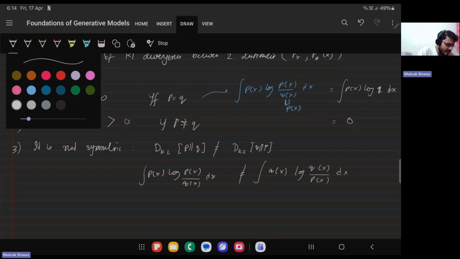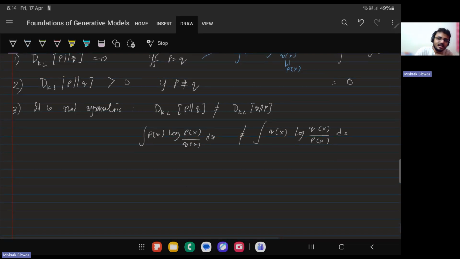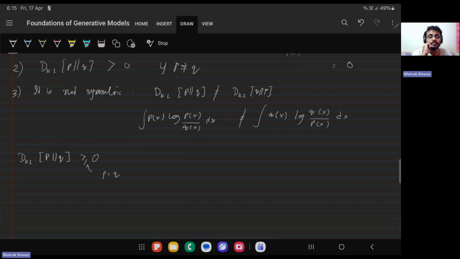The most interesting property is showing that the KL divergence is always non-negative. That is dKL P and Q is greater than or equal to 0, where equality only holds for P equal to Q. So let's look at this once. How do we do this?